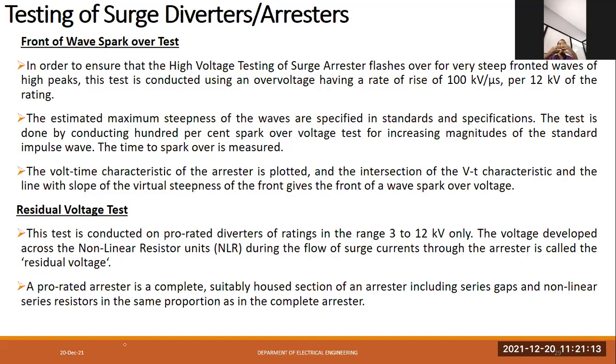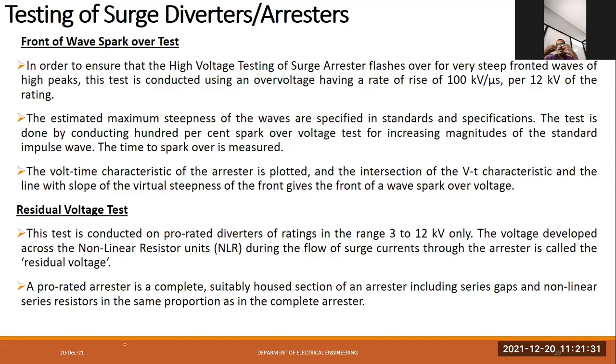So whatever be the voltage that we are developing across the whole non-linear resistor units, that means NLRs, in case of such flow of surges, means if some kind of surges are occurring there, whatever be the surge voltage that is appearing is called the residual voltage.